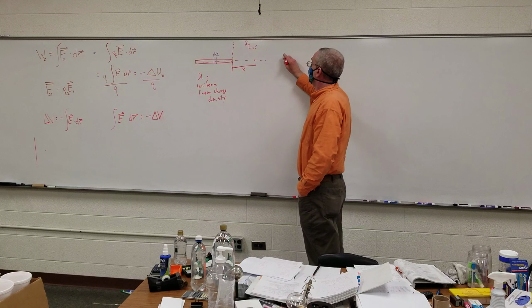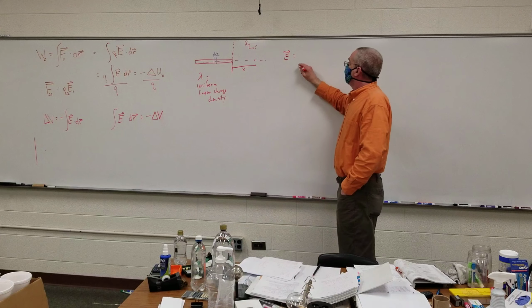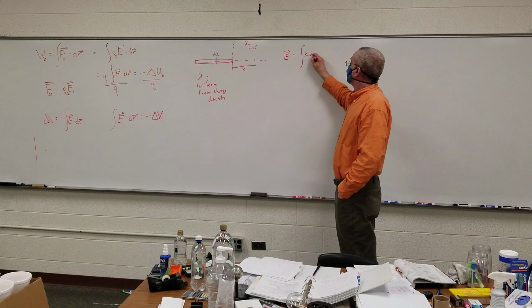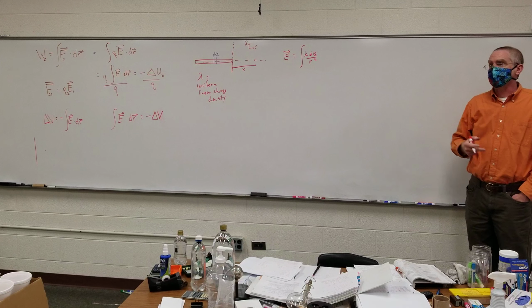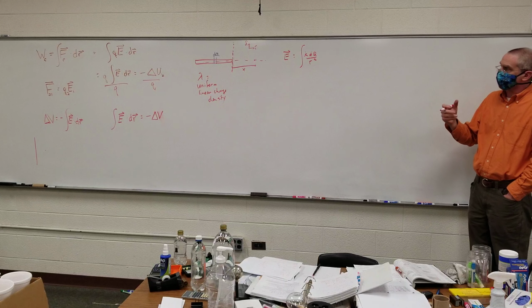So we end up with the electric field is generically k dq over r squared. I have two different variables in my formula right here, because dq is my differential, so it officially is a variable.